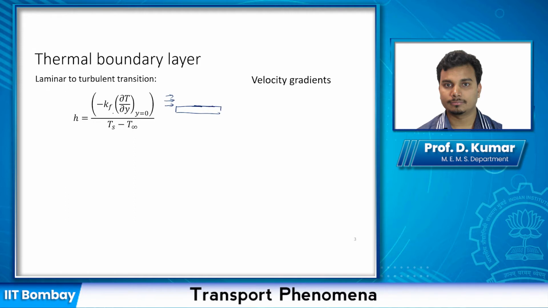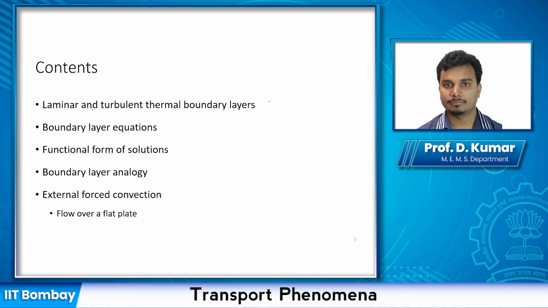So now what we are going to talk about today are these things. Laminar flow, what happens to thermal boundary layers when your flow is laminar, and then the transition to turbulent flow. We'll also talk about boundary layer equations.